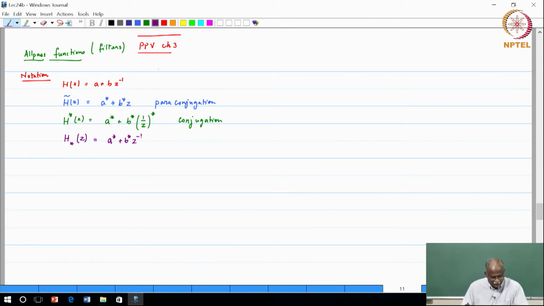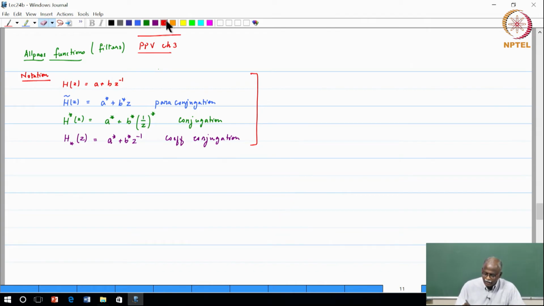So, this is coefficient conjugation, only coefficient conjugation. Three things we have introduced: para conjugation, where you conjugate and change z inverse to z; conjugation of the expression where all terms including the z term get conjugated; and coefficient conjugation.